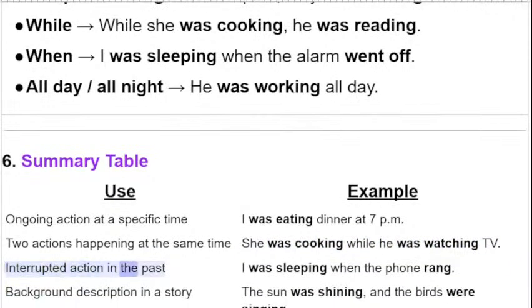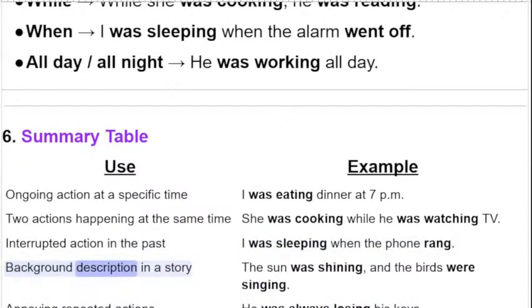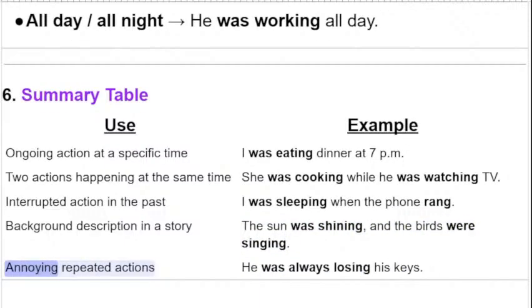Interrupted action in the past: I was sleeping when the phone rang. Background description in a story: The sun was shining, and the birds were singing. Annoying repeated actions: He was always losing his keys.